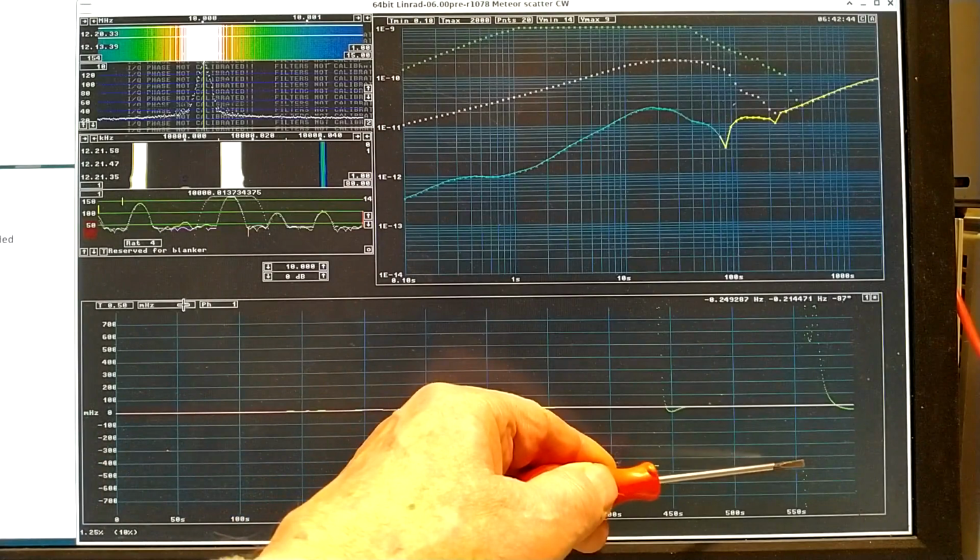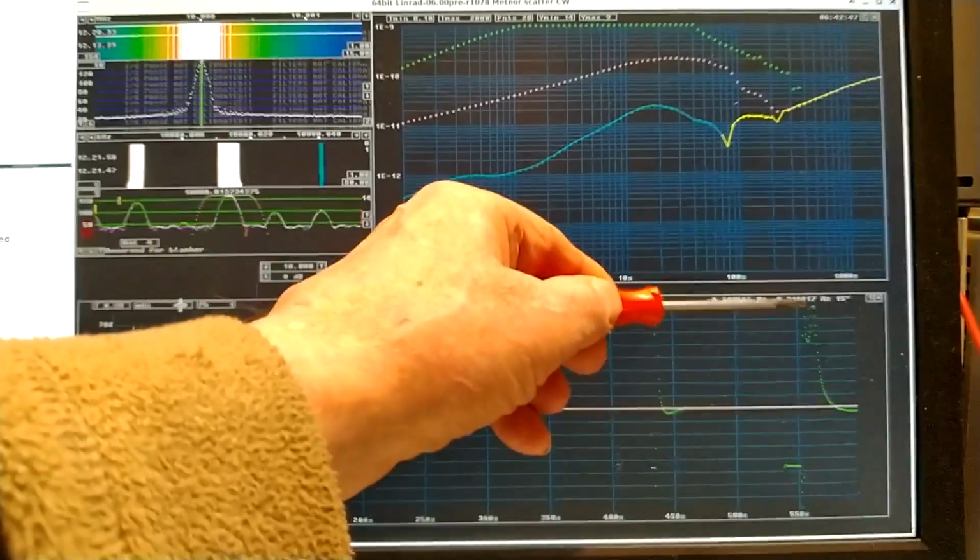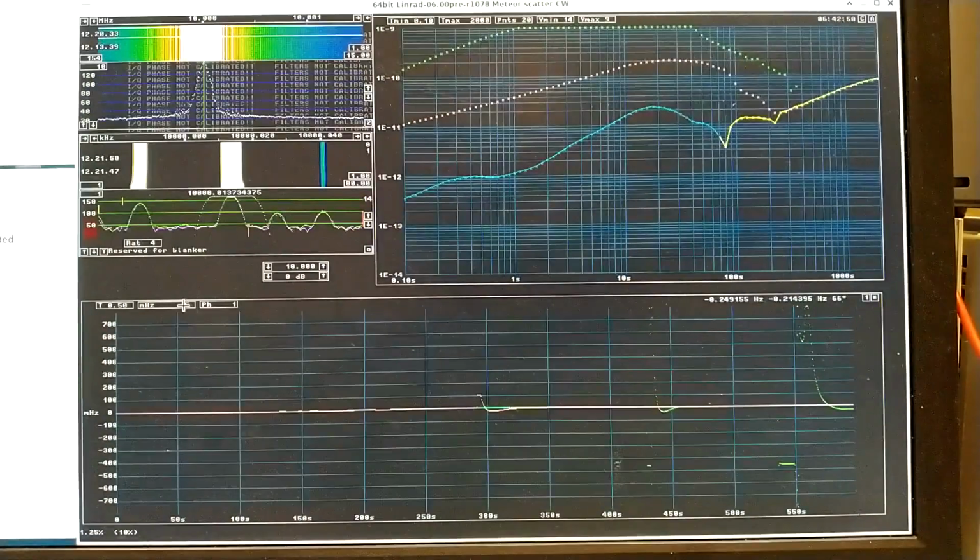And then when I let go, there is a jump down, it goes up, and it oscillates. It's an odd behavior, but this is what I observe.